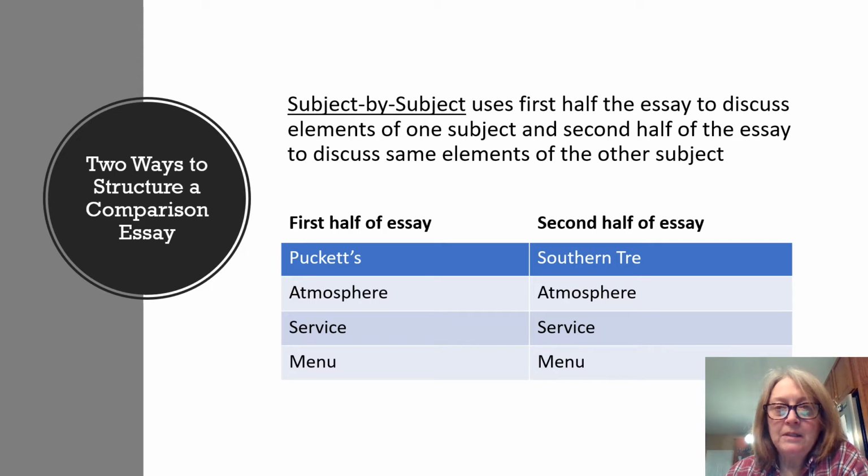It's always important to cover the same elements so that the comparison is meaningful. And when I say comparison, I also mean comparing and contrasting, talking about similarities and differences in atmosphere, service, or menus, for example.